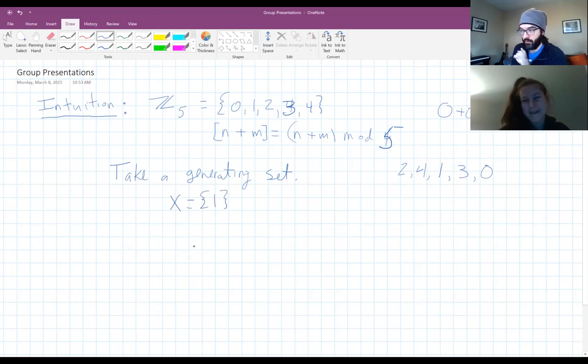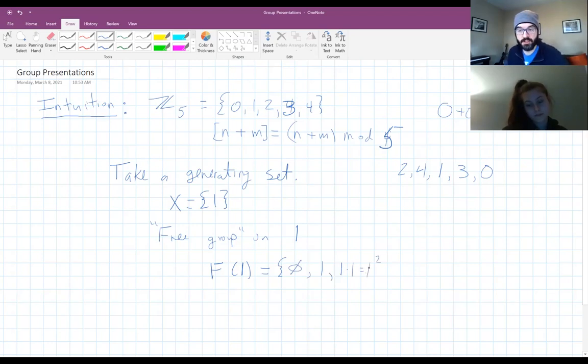Okay. So what we do is we take the free group, and I'll talk about what that means in a second, the free group on 1. All it is, it's this group that has elements, what I'm going to call the empty string, right? It has 1, it has 1 times 1, which is 1 squared.